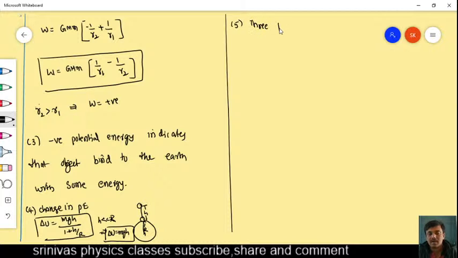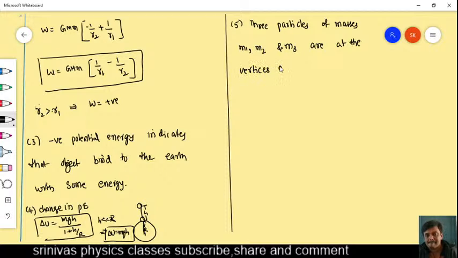Three particles of masses m1, m2 and m3 are at the vertices of a triangle.